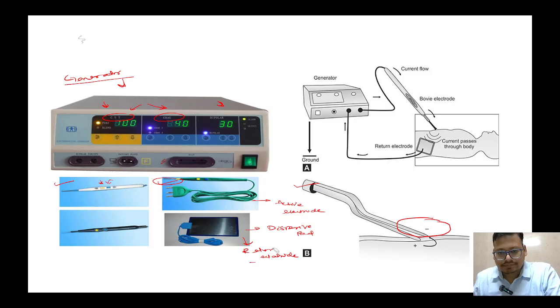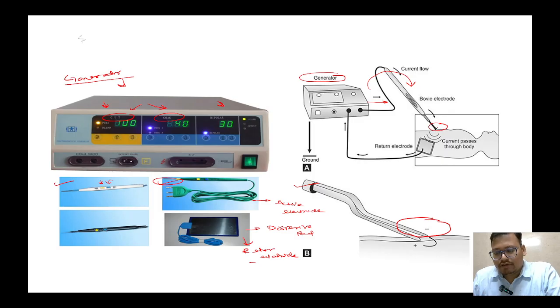What happens? From the generator, current goes through the active electrode. This is the active electrode and this is the tip.